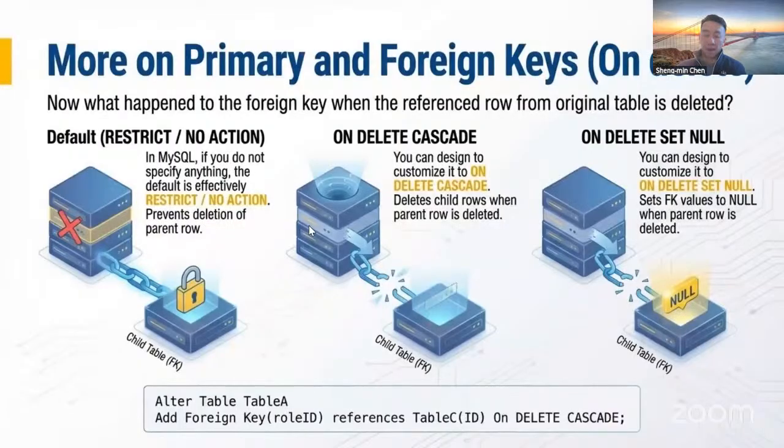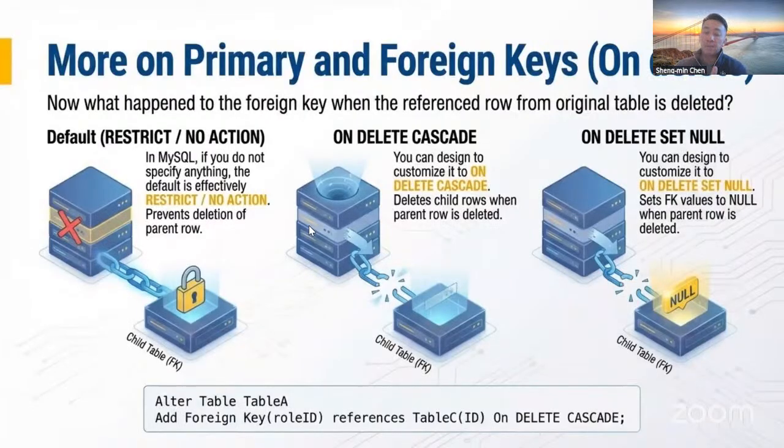Okay? You might come back and say this is not very intuitive. Yes, that's why by default it would not happen. It would not take any actions. By default the relational database would not have any change, and that's why it's more intuitive, right? But if you want to customize, there are two ways.